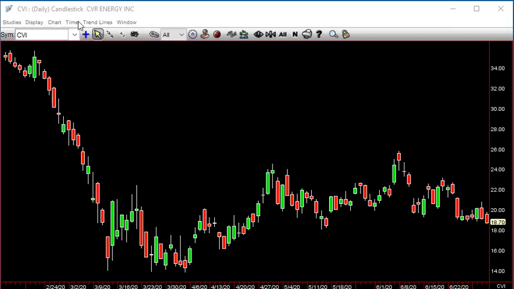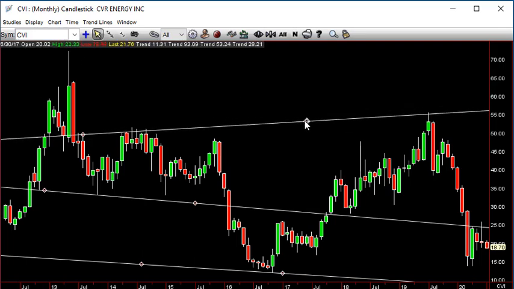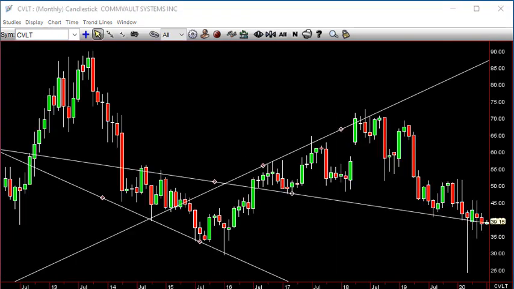CVI. Going like that. Didn't make the lower low down in here as yet. But you can see all of this stuff is inside of all of this stuff here on a longer term basis. Convolt.